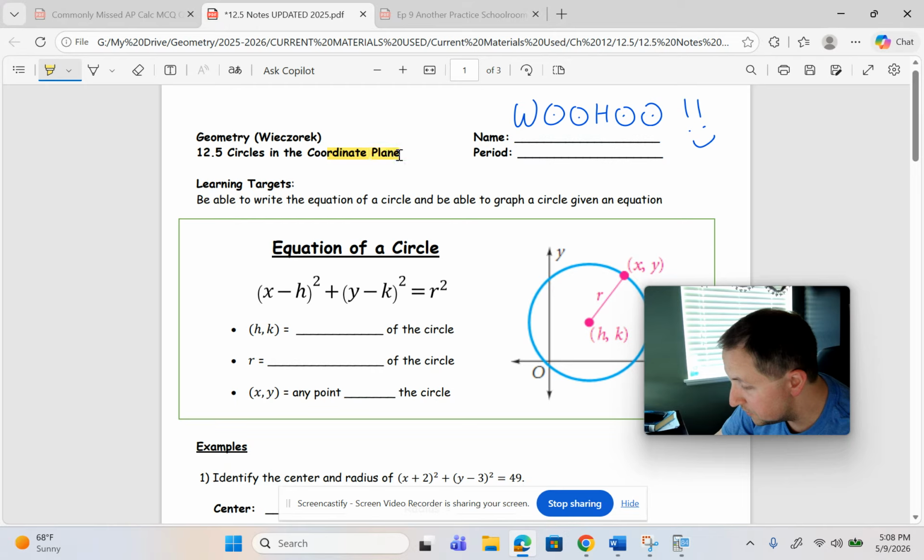So, some of the different things we're going to be doing are writing equations of circles, graphing circles, and looking at some different representations on the coordinate plane that we can do with circles.